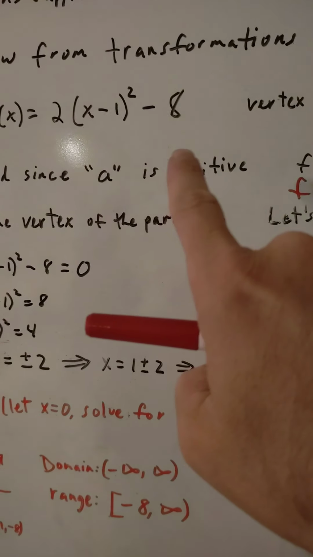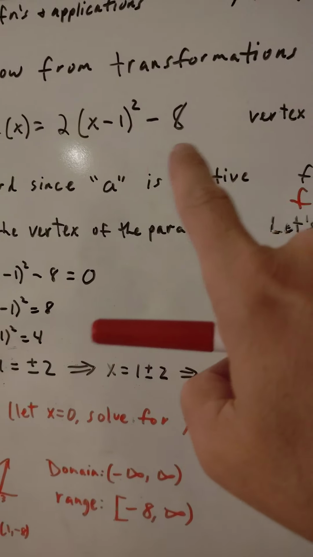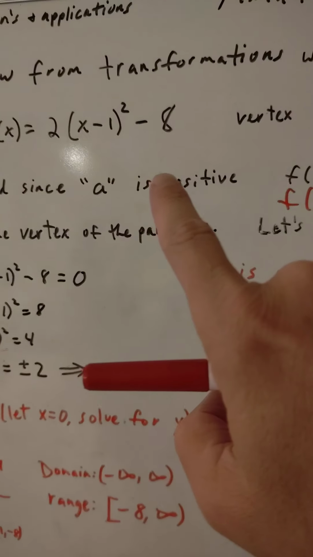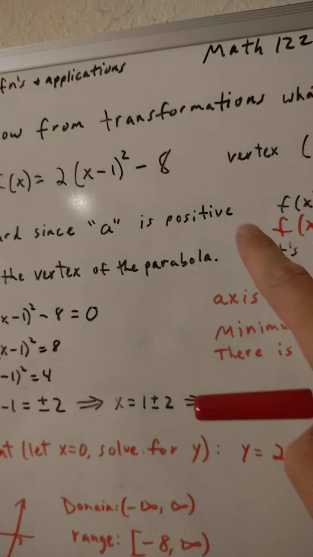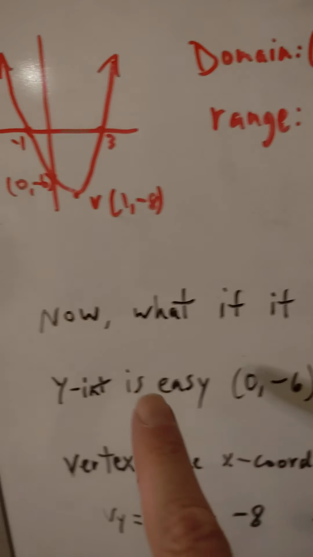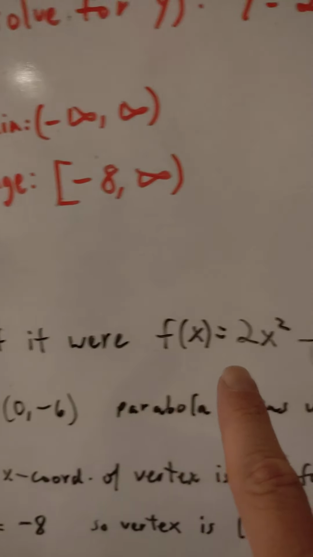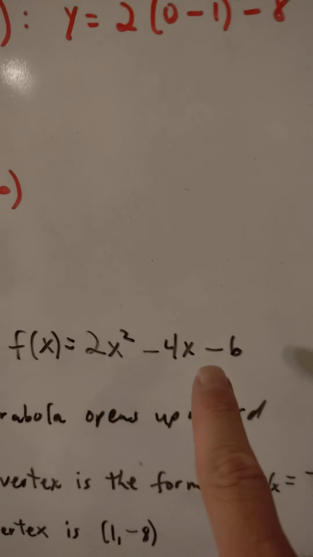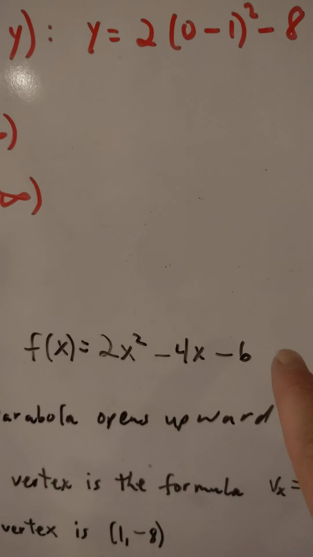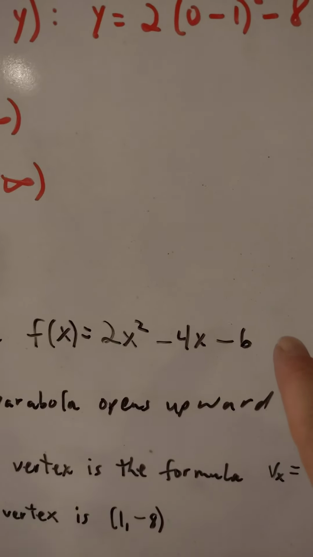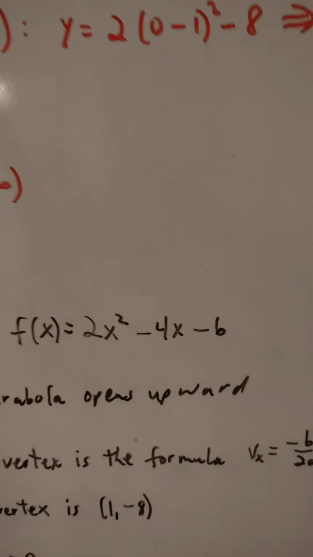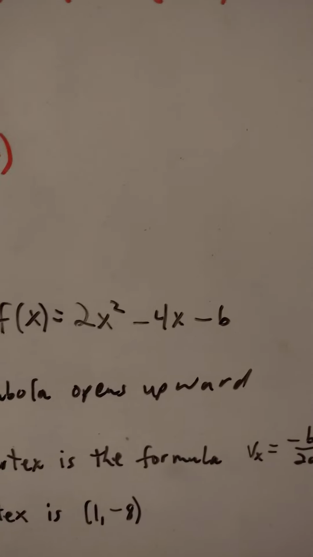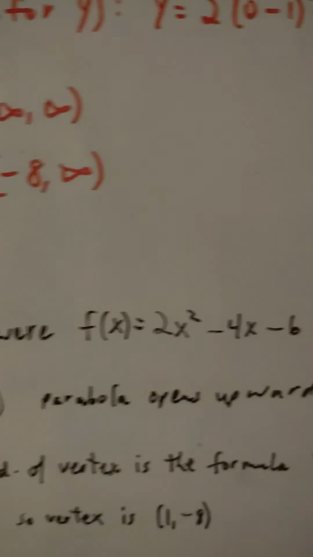And then don't forget that minus 8. So then that would be 2x squared minus 4x minus 6, which is exactly my next problem. So what if the quadratic function were this? Again, this is written in standard form, and it is the same function as upstairs, so we should get the same results here.